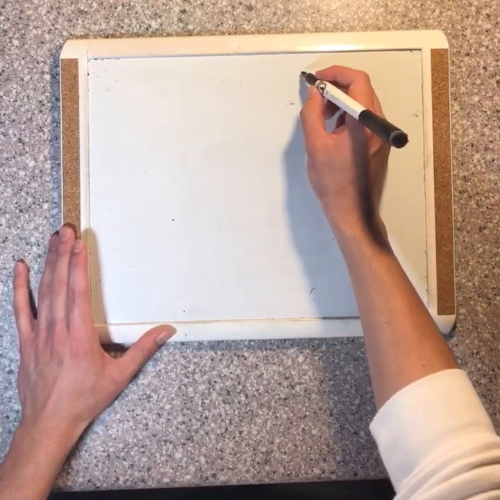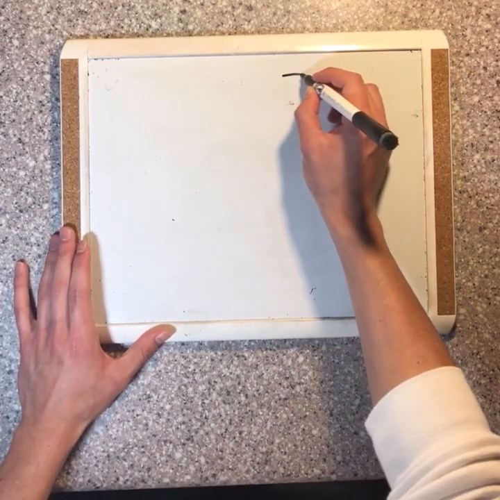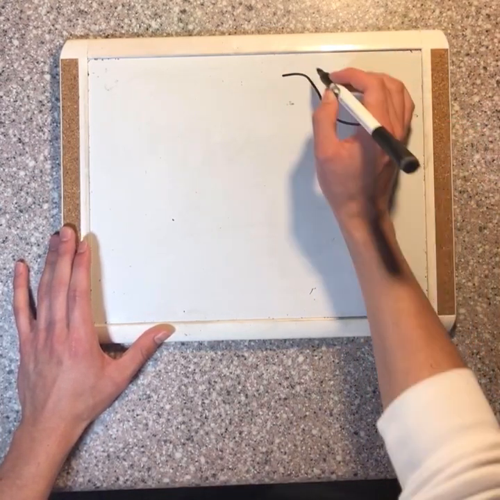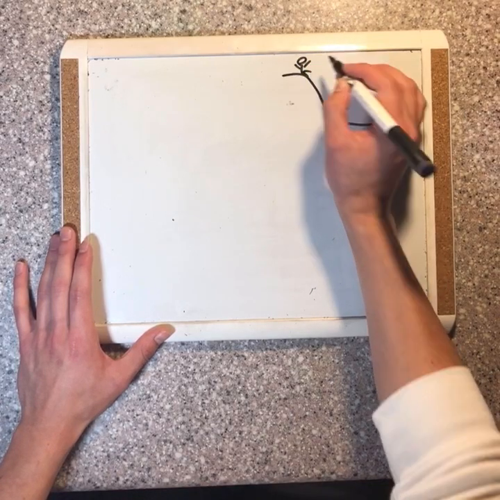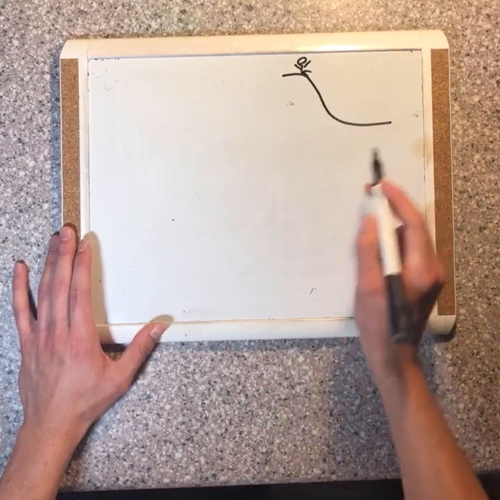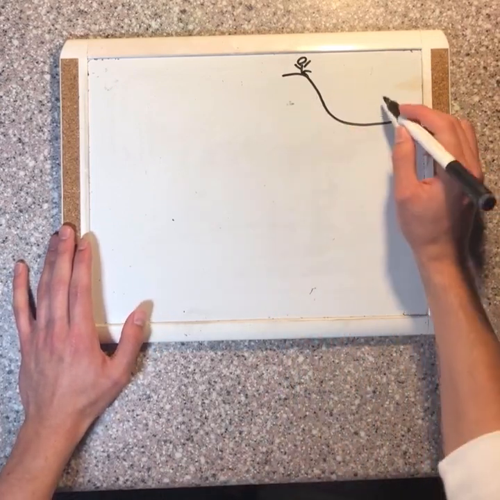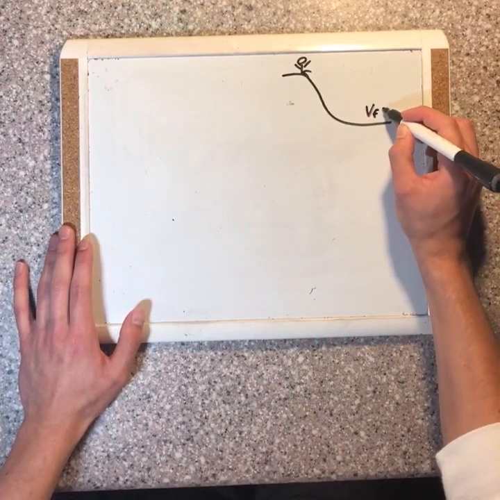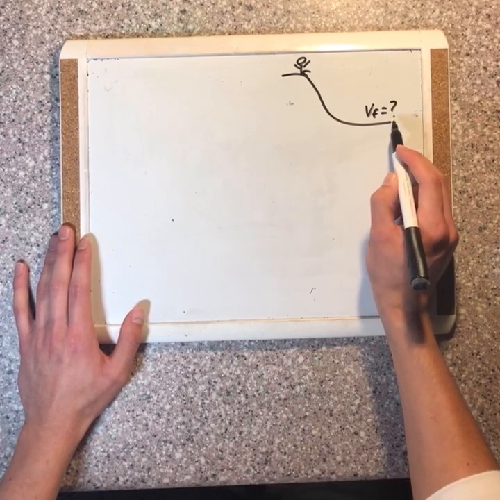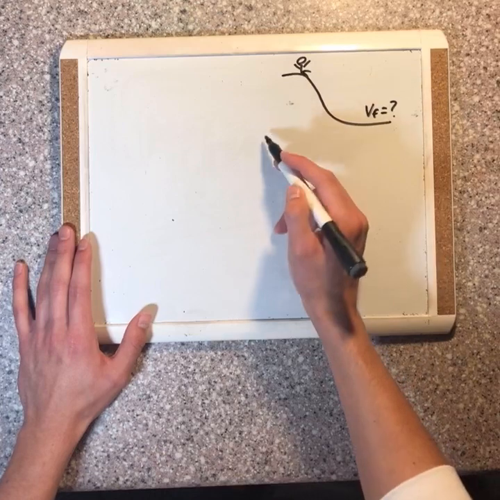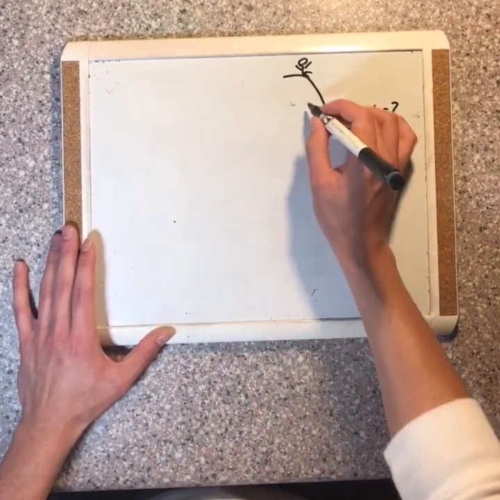In the first problem, we have a person sliding down a water slide. There's some information we're given about the person's initial state, and we're asked to predict the final velocity. So v final at the bottom of the slide is unknown, and there's a couple things we know about this person's situation.